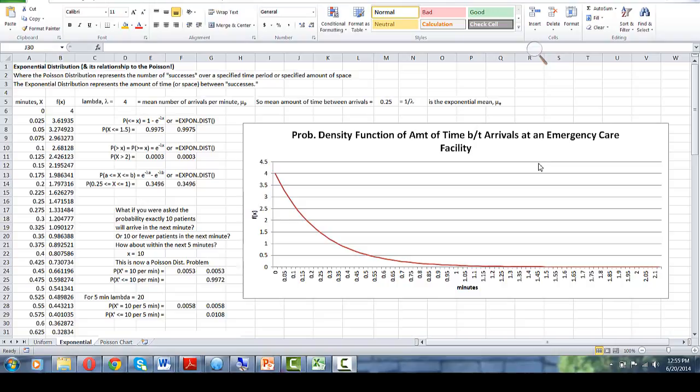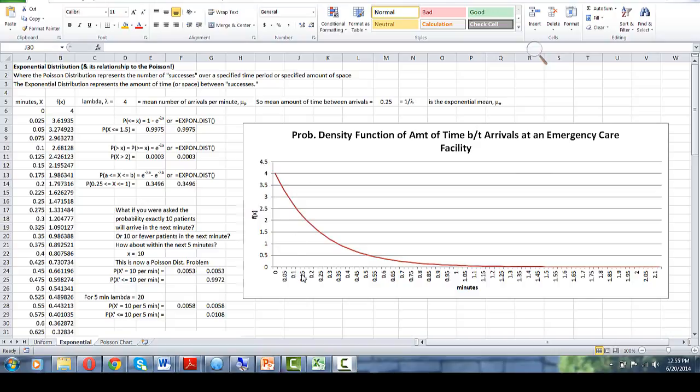So I gave you those resulting formulas that give us the probabilities. I gave those to you in the notes.